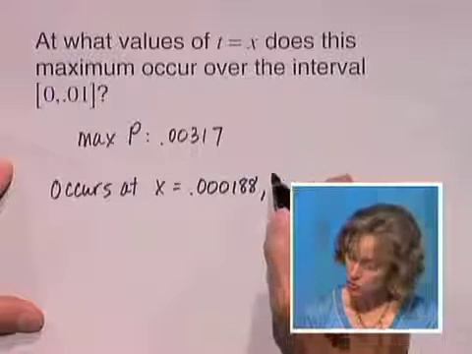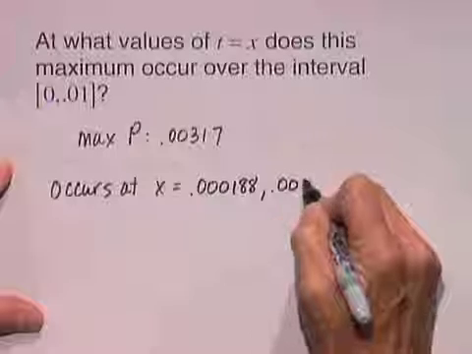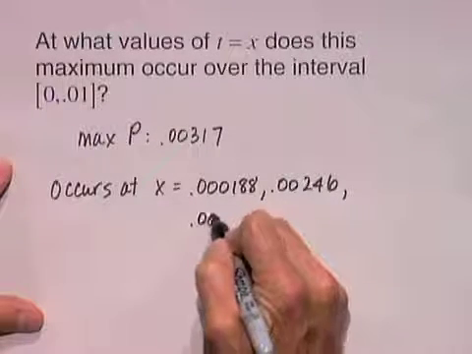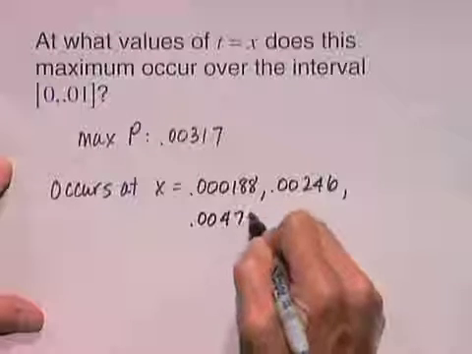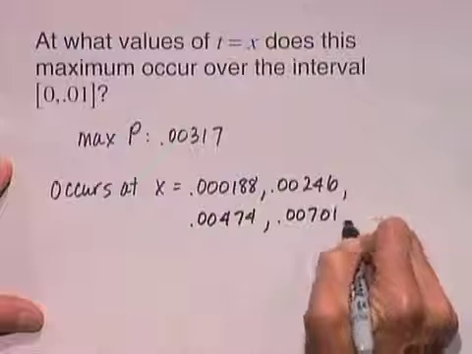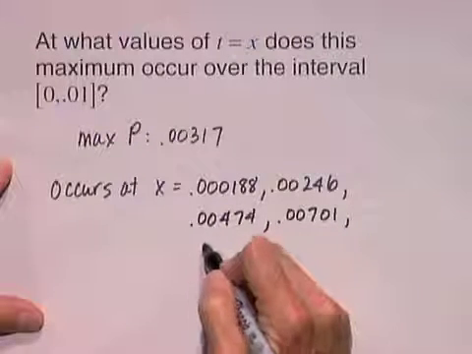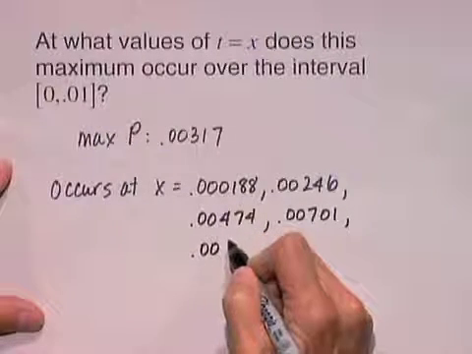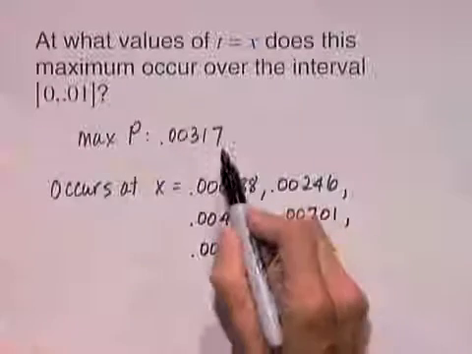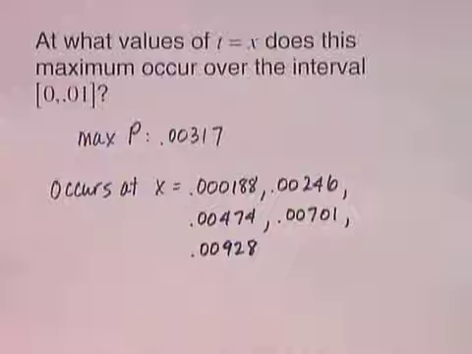It also occurs at 0.00246, at 0.00474, at 0.00701, and at 0.00928. It's a good idea to check that these are the x's for which y comes out to 0.00317 with the help of your calculator.